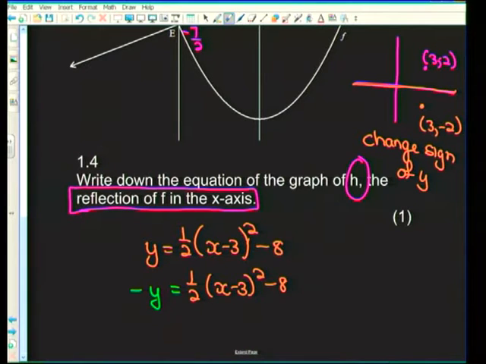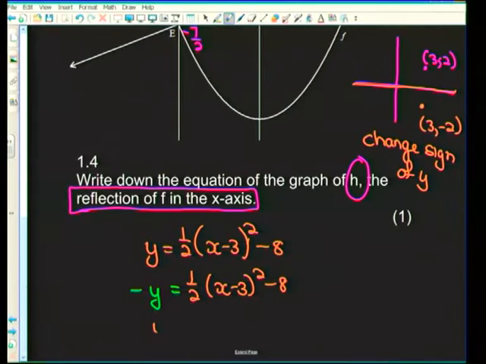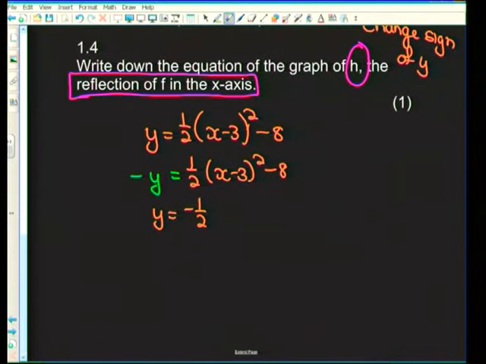Now, obviously, a negative in front of the y is not a good idea when we're doing graphs. So we're going to take that negative and multiply negative 1 right the way through. So negative 1 times this is going to give me y. Negative 1 times that is minus a half x minus 3 all squared. And negative 1 times negative 8 is positive 8.